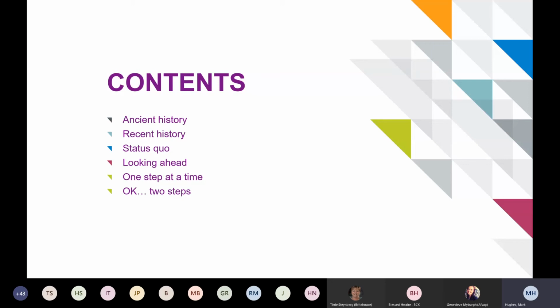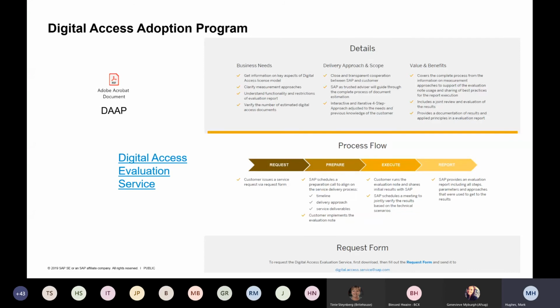Okay, and then I think I can rather just stop here and go to my last slide, where I can very strongly recommend and invite you to please take us up on this digital access evaluation service. As I said, there's a short form to fill in, and there's the process flow. We will basically engage with you.